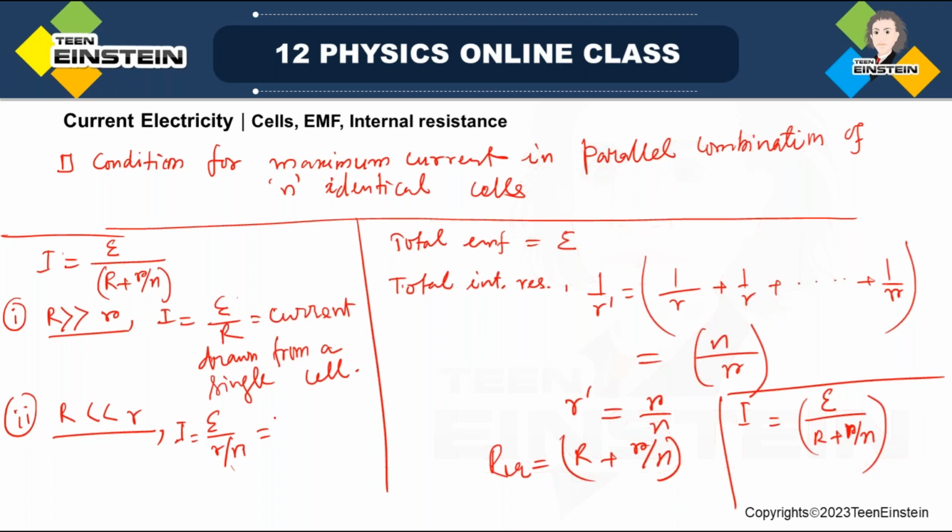So this N goes up, so nE by r. That means I is equal to N into the current obtained from a single cell.